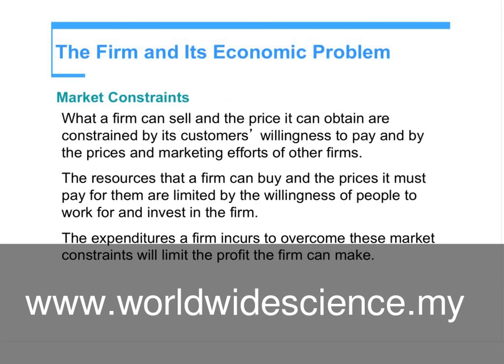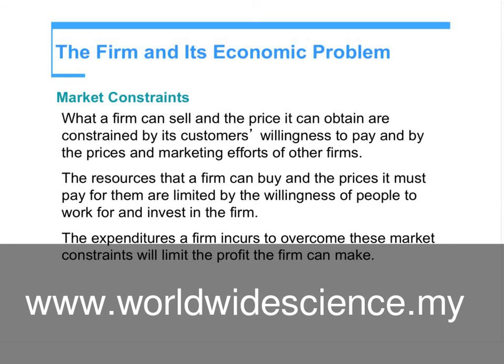The resources that a firm can buy and the prices it must pay for them are limited by the willingness of people to work for and also invest in the firm. As you know, the capital that we have in our firm is very limited.